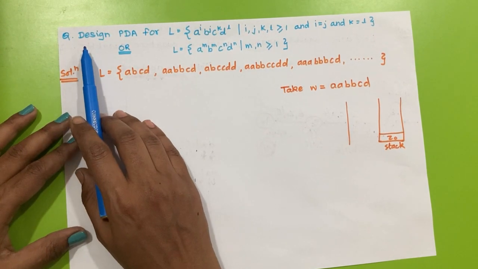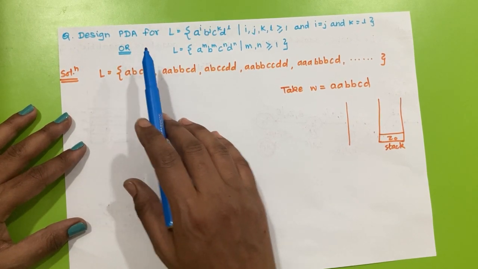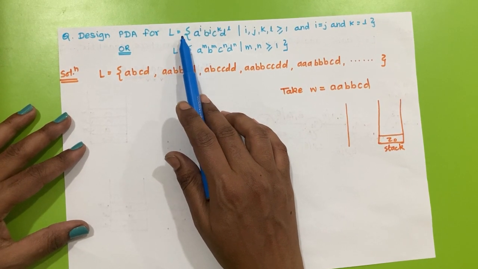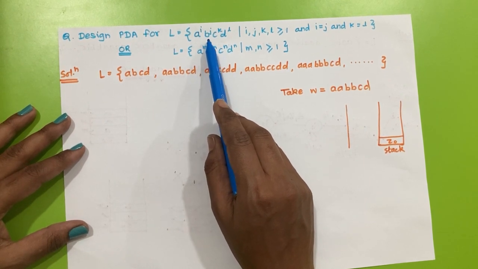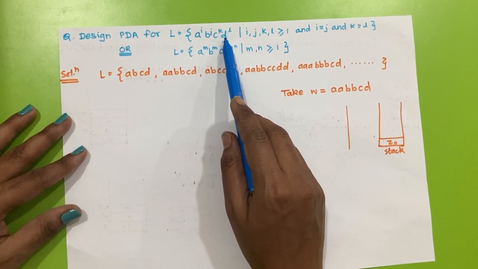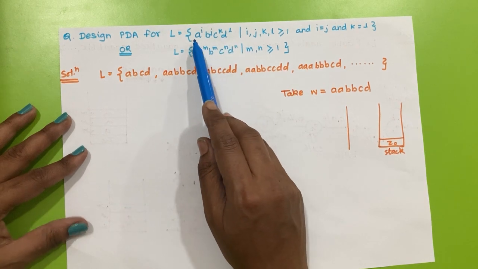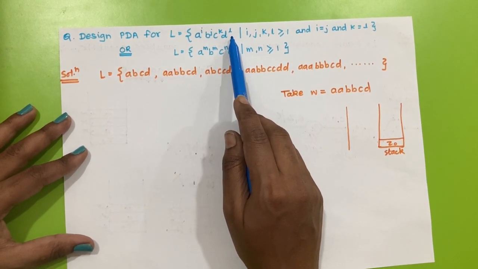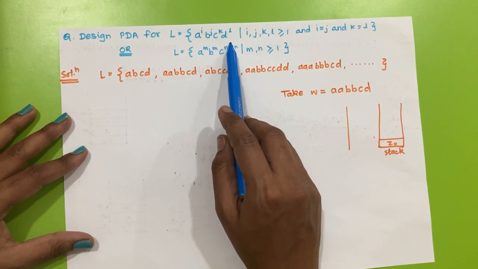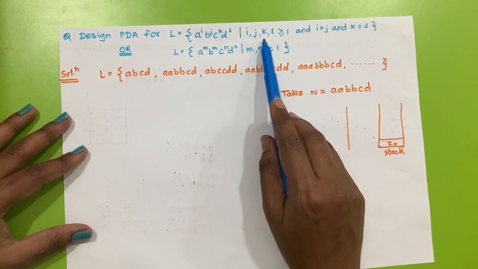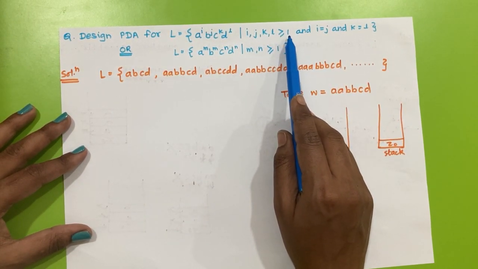Now the next example on designing of PDA is we have language L equal to a^i b^j c^k d^l. Here we have four different indices for four different alphabets, and all these are starting with 1 onwards.